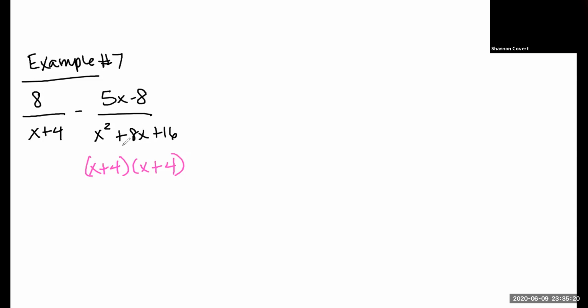So my second fraction has 2 x plus 4s. My first fraction only has 1. And remember when we were doing prime factorization and you always counted the most number. So I can't just have the one x plus 4. I need both of them. So my first fraction is missing one of those x plus 4s. So I'm going to have to take top and bottom times that x plus 4.